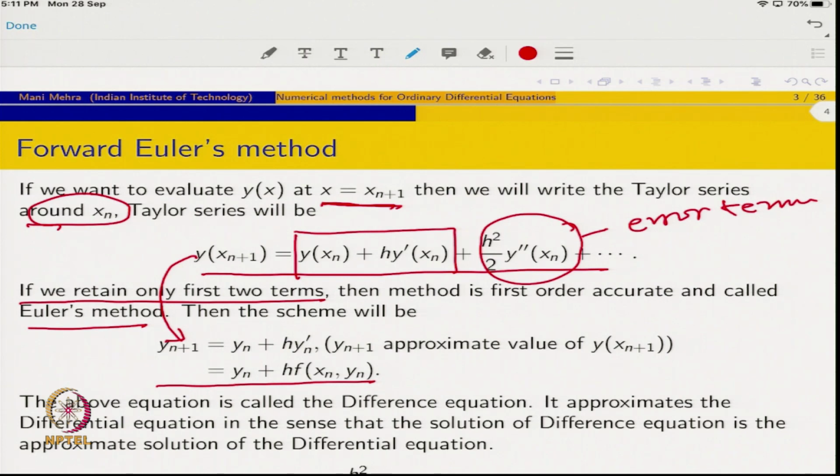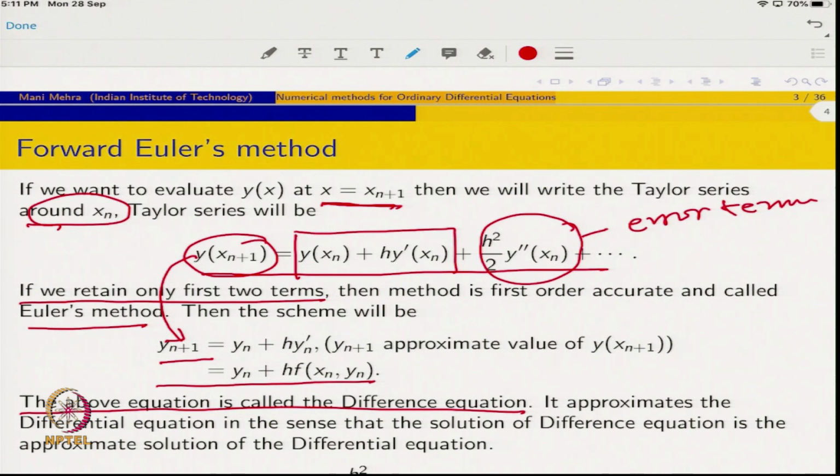That is the whole idea. So, yn plus 1 is the solution of the difference equation, while y(xn plus 1) is the solution of the differential equation. The above equation is called the difference equation. It approximates the differential equation in the sense that the solution of the difference equation is the approximate solution of the differential equation.